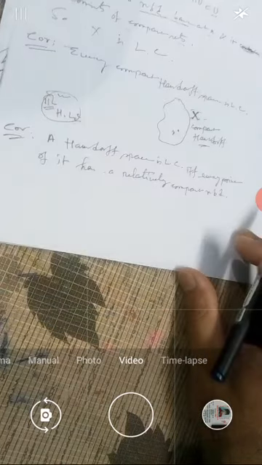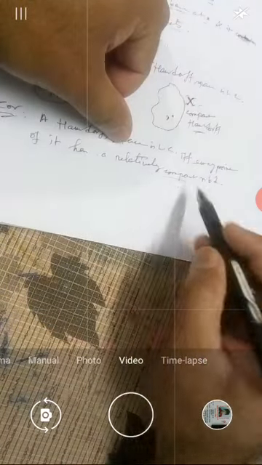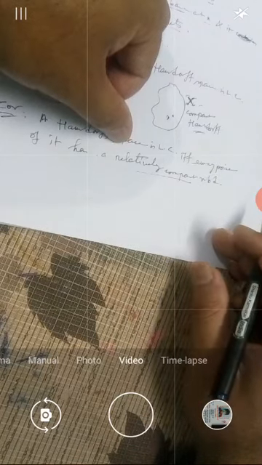A relatively compact set means a set whose closure is compact.